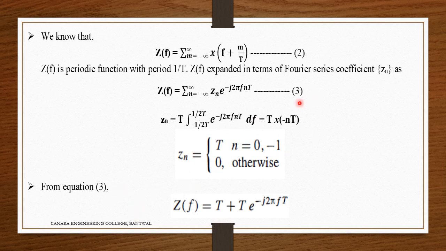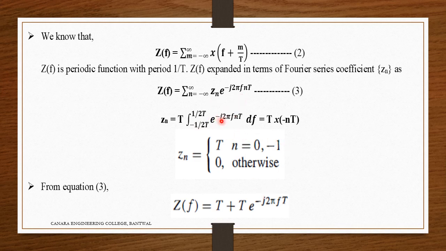From equation 3, when n is equal to 0, z(0) is T. Substituting this, integrating over the band gives 1, so Z(f) is equal to T.